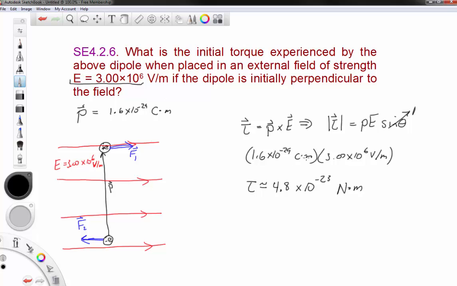So the combination coulomb meter times volts per meter gives you coulombs times volts, which normally we rewrite as joules, but remember that a joule is a Newton meter, which is the proper unit that goes with a torque. So here's the torque for this combination.